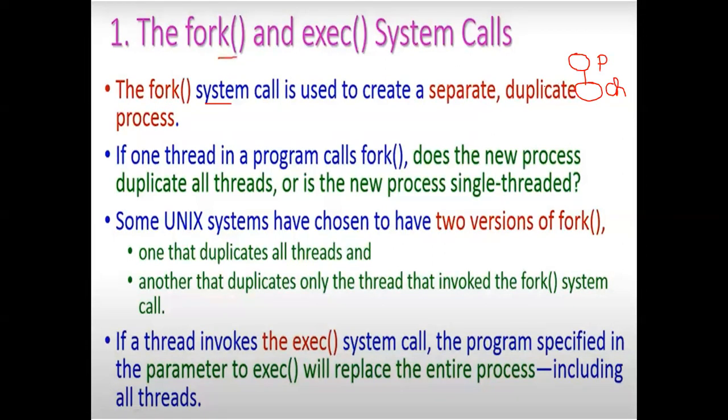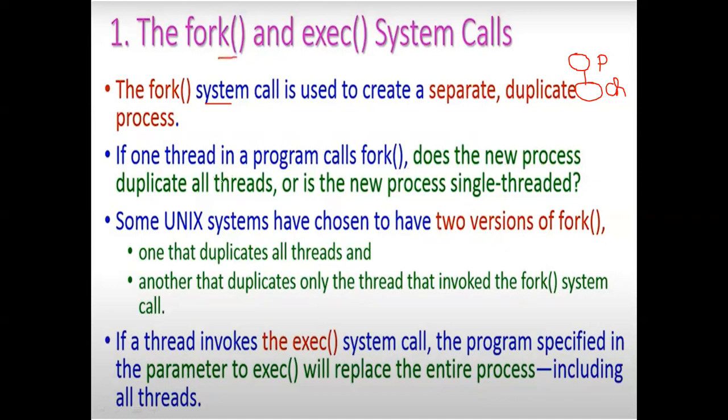So this child process will be the duplication of the parent process. If one thread in the program calls the fork system call, does the new child process duplicate all the threads or a single thread? So this is the issue.